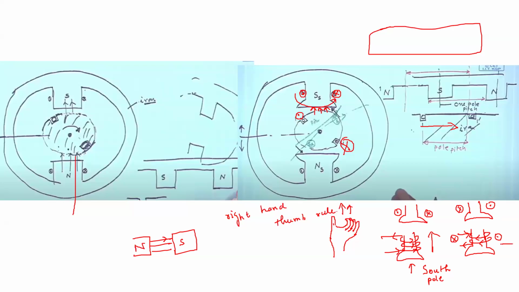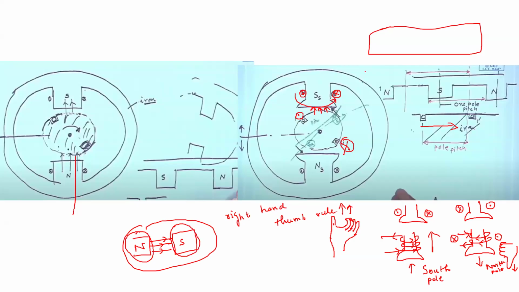Okay, so you will see that your right hand fingers will be like this, and the thumb will be pointing downwards. So it means this is acting as the north pole, because your flux lines are going away, right? They are going away. So if the flux lines are going away, then this pole is north pole, and if the flux lines are entering, this pole is acting as the south pole.